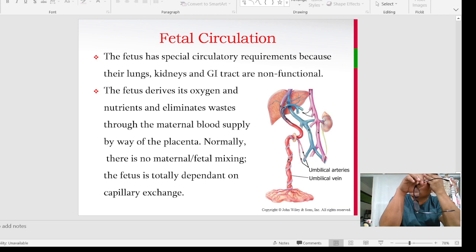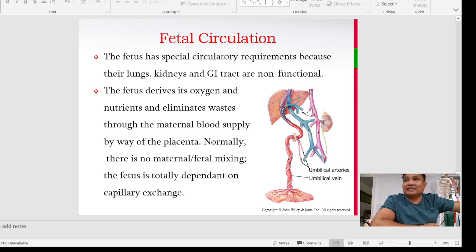Let's say for example, sa fetal circulation, ang nagadala sa oxygenated blood sa fetus gikan sa placenta, it's not the artery, but it's the vein, no? Gikan sa umbilical vein, pasulod na siya padiretso dito sa heart sa bata. Supposedly unoxygenated ang dalhon nga blood vessel kay vein man, no?